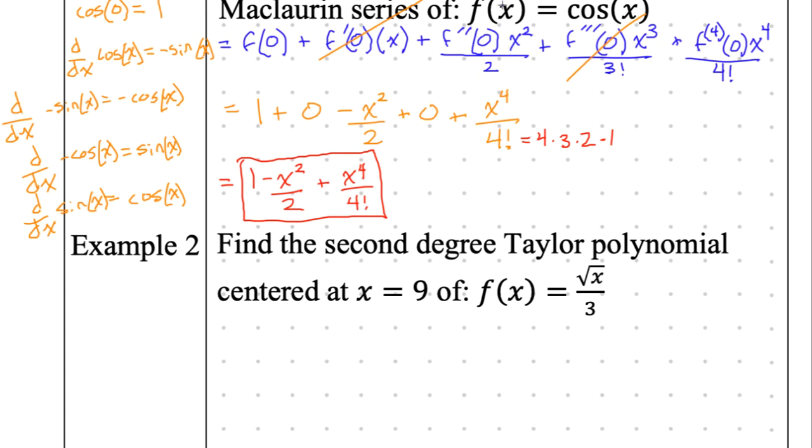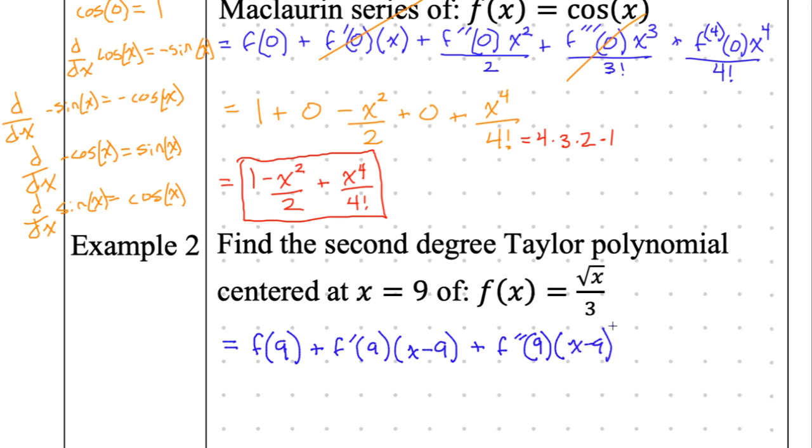Again, I'm going to write out my formula here. It'll help me. So this is going to be f of 9, plus, and then I'm going to take the derivative, f prime of 9, and multiply that by x minus whatever that center is, x minus 9. Okay, and then plus f double prime of 9 times x minus 9 all squared.